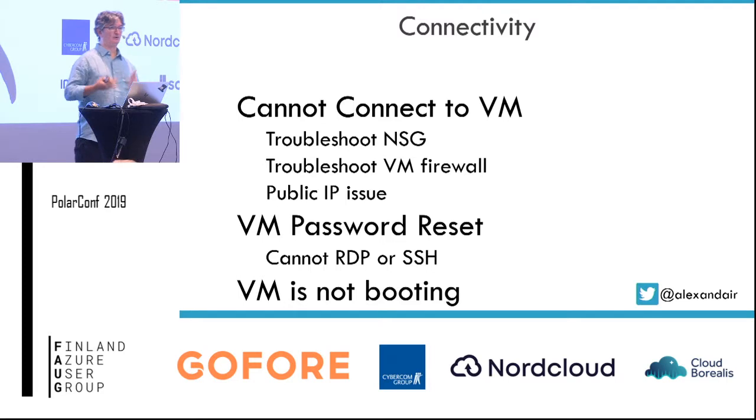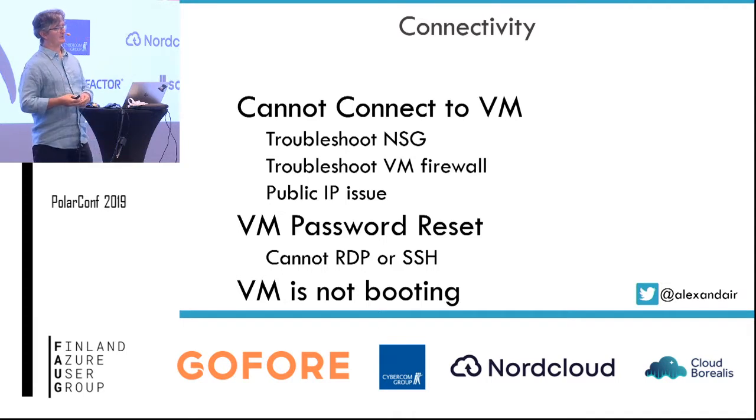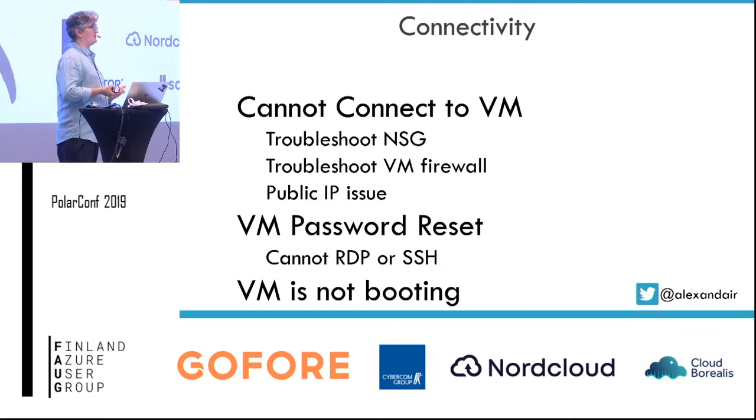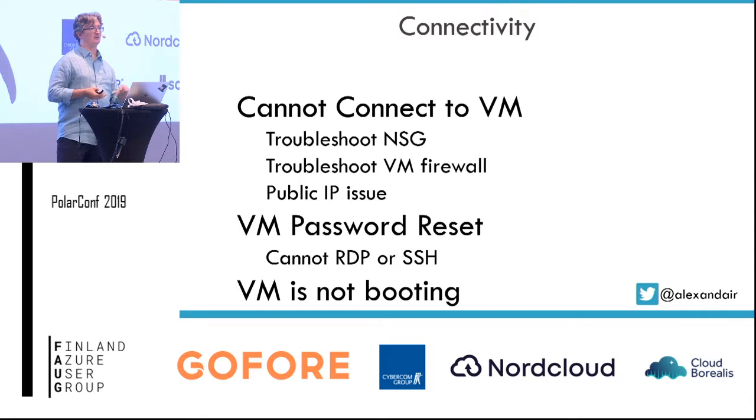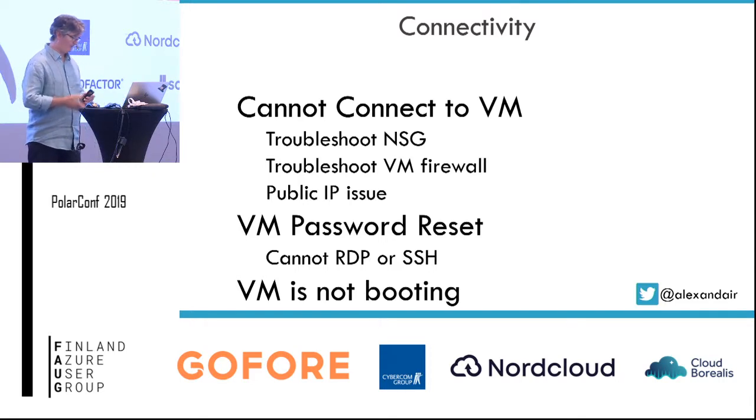The rule is not to expose everything you have on the public internet, but you need to have some machines there, or you will have some of them. No? Then we have an issue sometimes with the misconfiguration of the RDP or SSH configuration file. Is there a way to fix that? So Azure provides a way to very easily reset the password and fix the RDP connection or fix the SSH configuration as well.